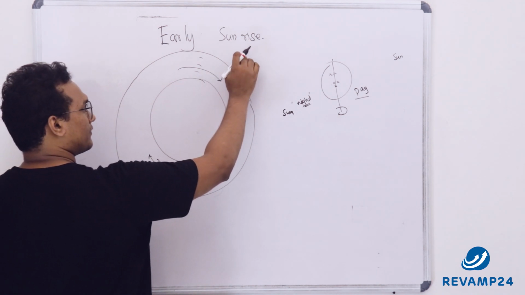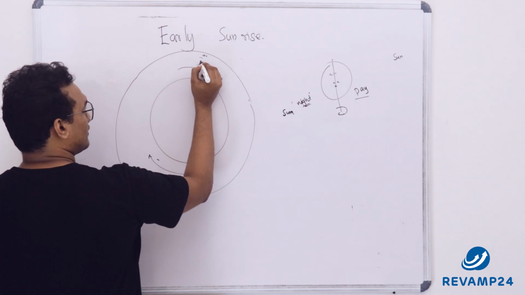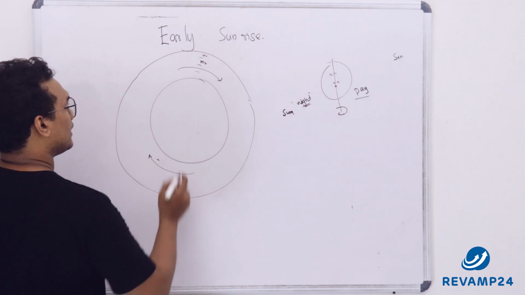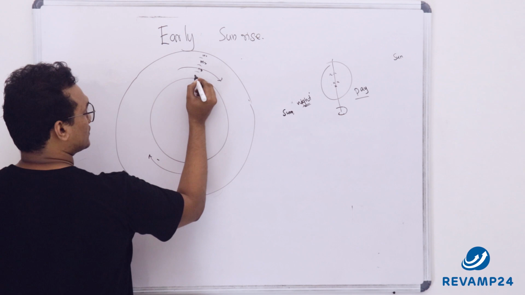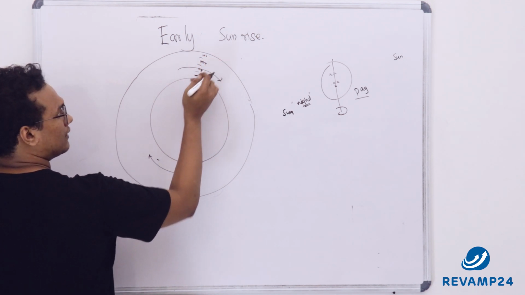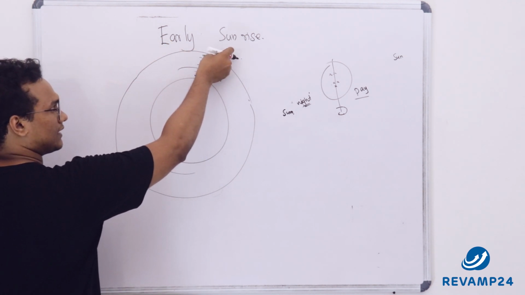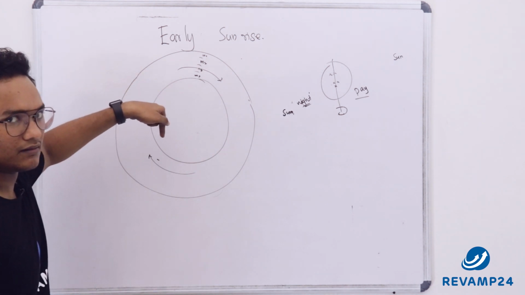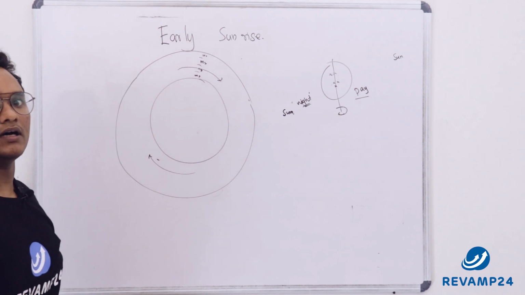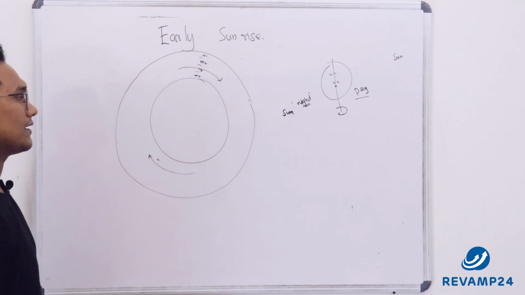So this is free space, then a denser medium M1, then the next denser medium, which is more dense compared to M1, then M3, which is more dense still. As a ray passes from the top, the inner layers are denser compared to the previous layer, with a higher refractive index.